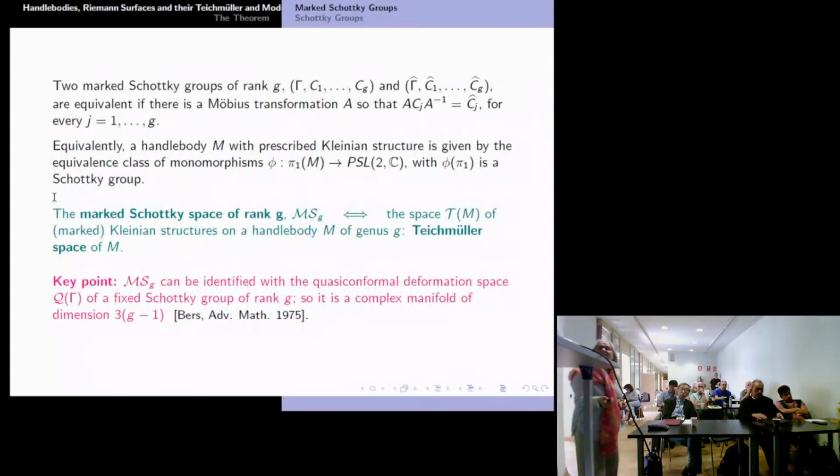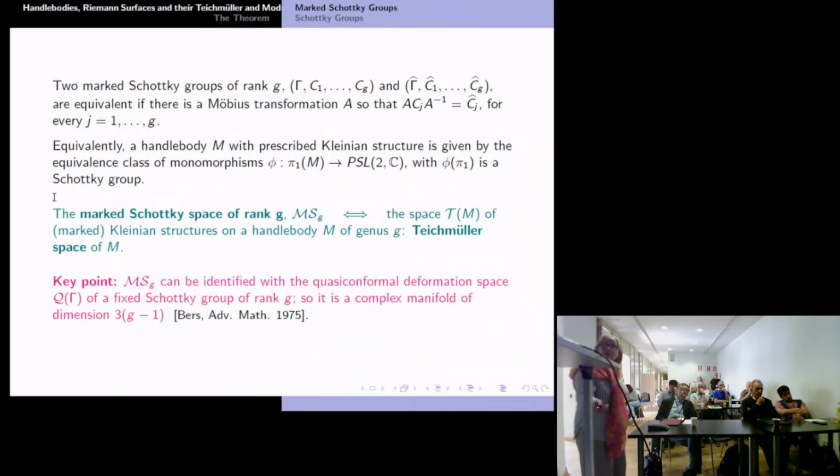If we want two marked Schottky groups to be equivalent, we have to have a Möbius transformation such that the generators of the one are conjugate to the generators of the other. Right?